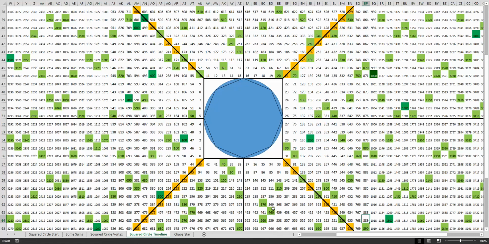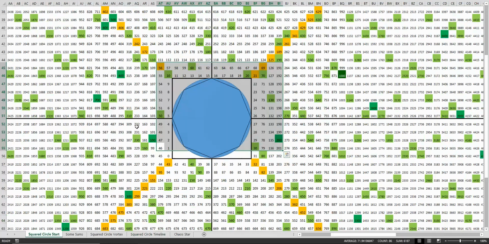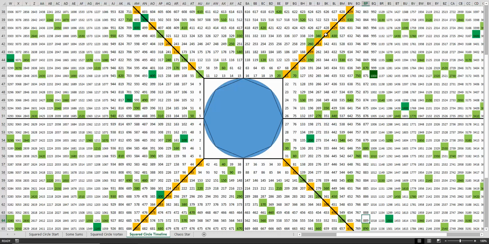Which brings us to this, and I've added lines that just go up diagonally. This one is the main sheet, the starting sheet where all this comes from, and all our lines are going up diagonal, so we have all directions covered.